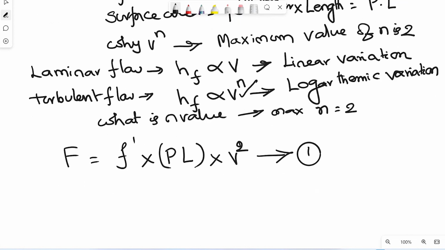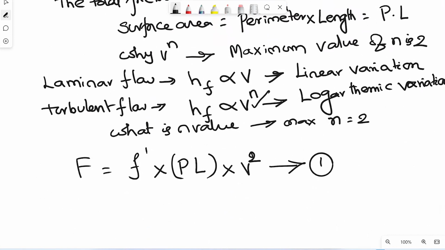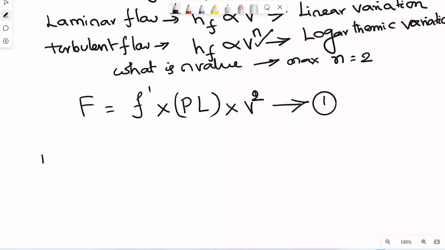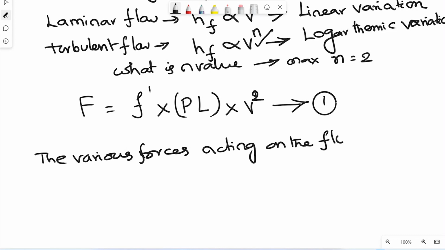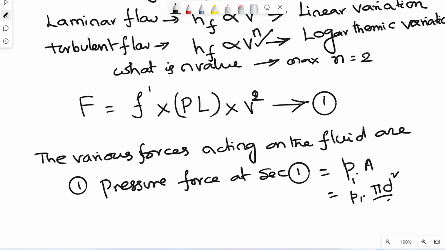Now, taking the various forces acting on the fluid, they are: number one, pressure force at section 1, which is equal to P1 into A, which is equal to P1 into pi d square by 4.